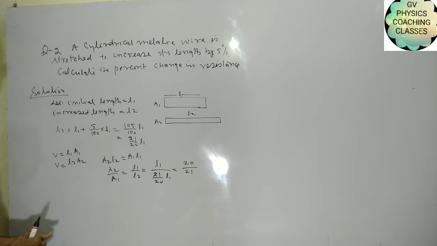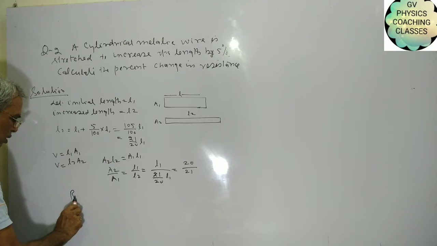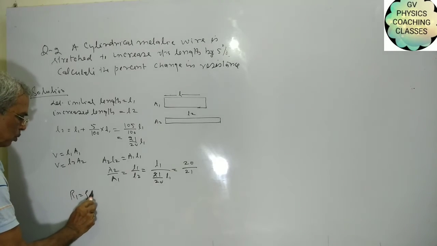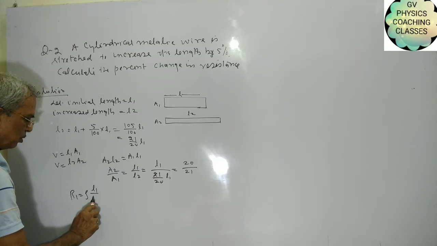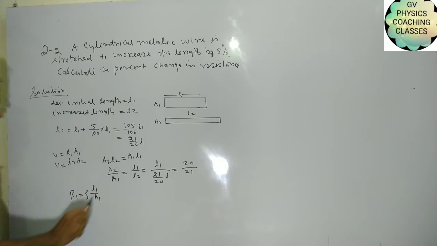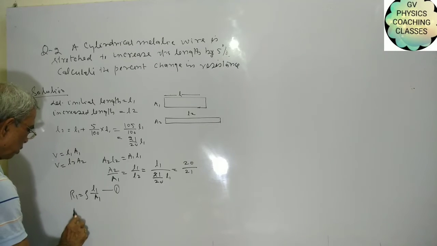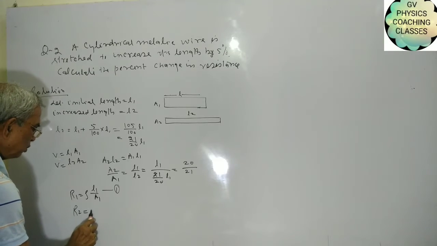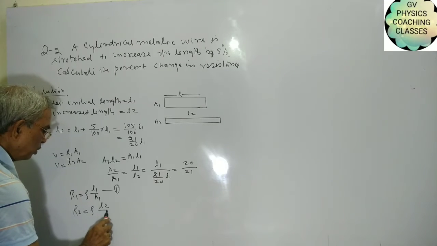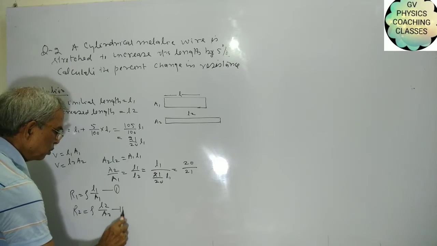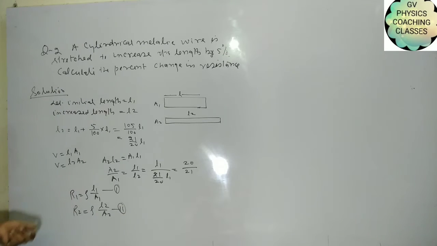Now, R1 is equal to rho L1 upon A1 according to the formula of resistance, and R2 is equal to rho L2 upon A2. Resistivity is the property of the material, it remains the same.